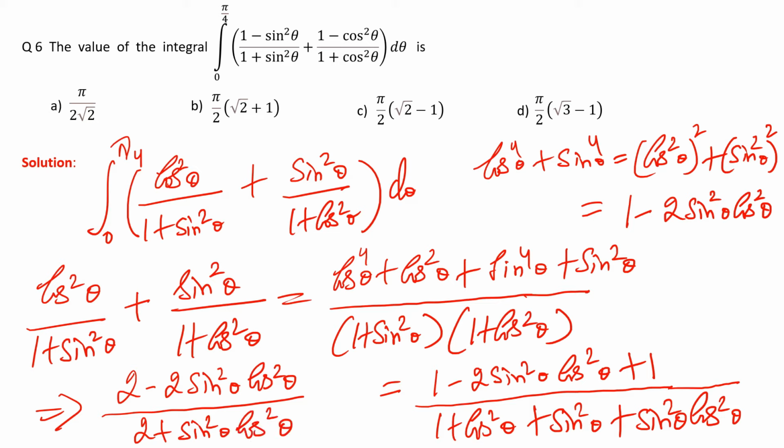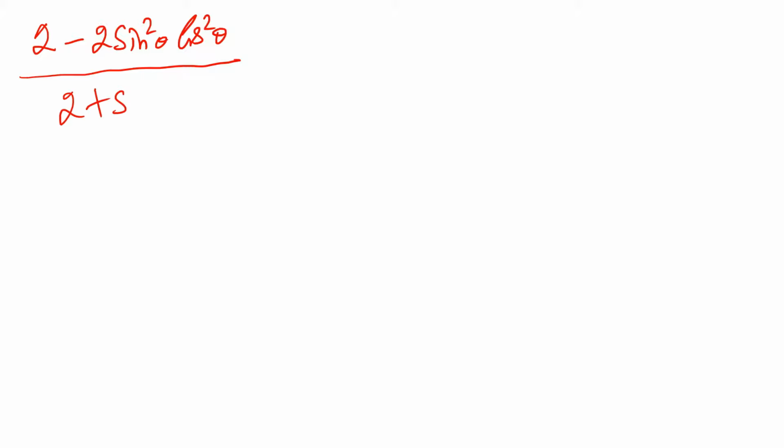Now we move further. Now students, we have the expression 2 minus 2 sin square theta cos square theta in the numerator, and in the denominator we had 2 plus sin square theta cos square theta. Fine. Now we know the formula sin 2 theta equals 2 sin theta cos theta.